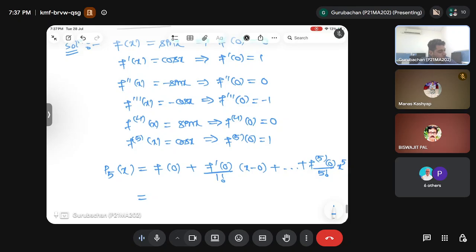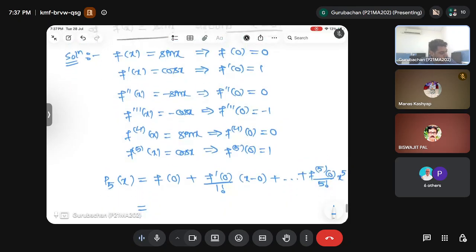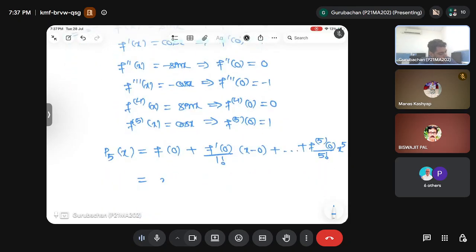The first term is 0, so it will start from x, minus x cube by 3 factorial, plus x to the power 5 by 5 factorial. Is it clear, or any doubt? Clear, sir.